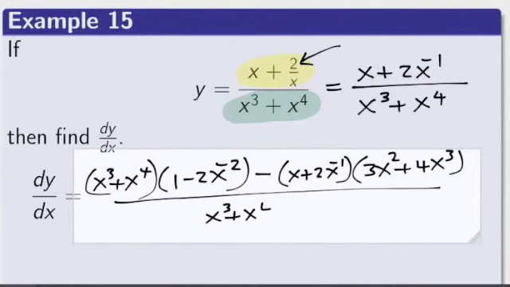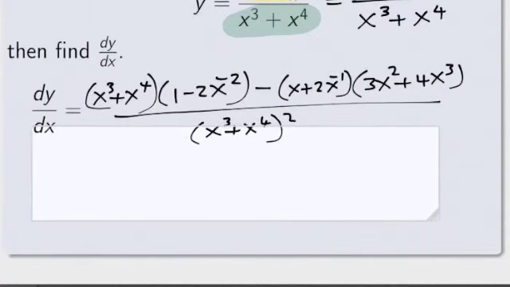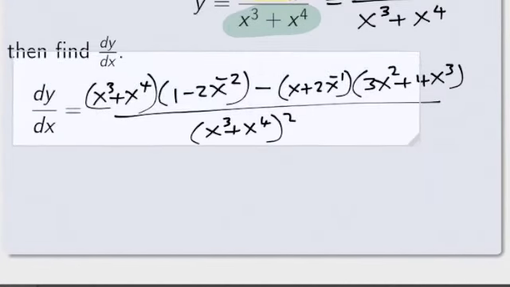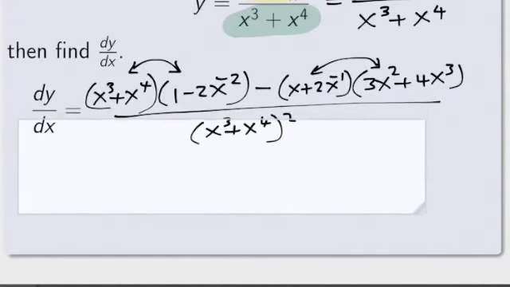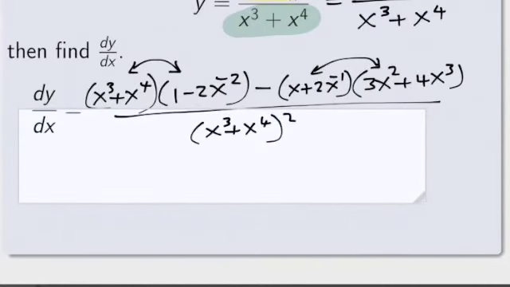We can now simplify the numerator by expanding out the brackets. We'll expand these two brackets first, followed by these two brackets afterwards, and then we can group the like terms to simplify the numerator. So let's do that.